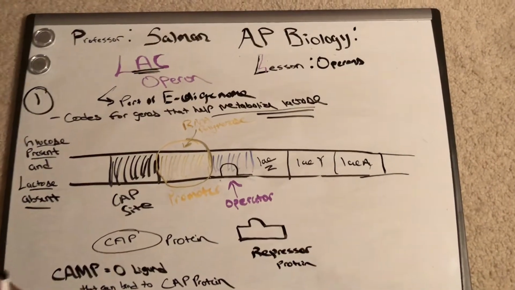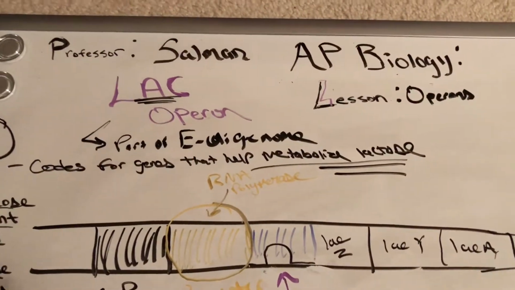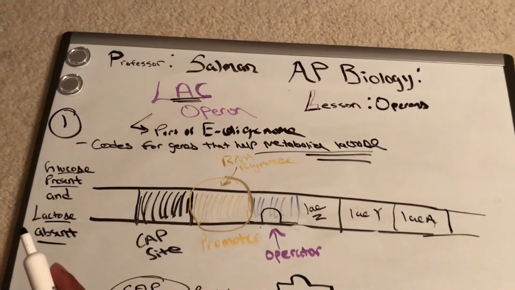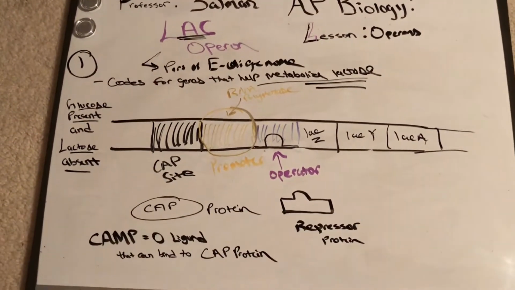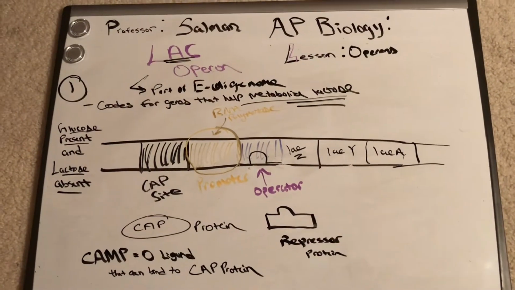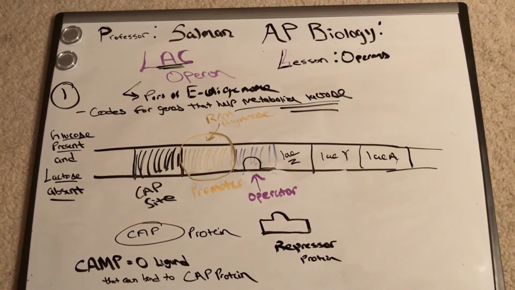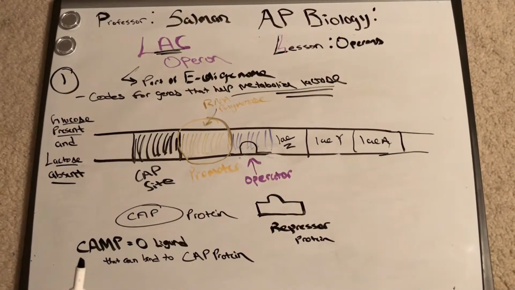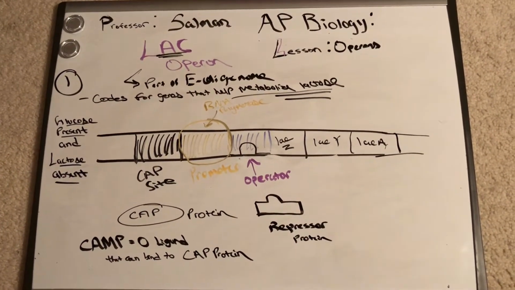If you think about it logically though, when lactose is absent, the operon does not need to metabolize lactose. So you do not need transcription to occur, which makes total sense because you do not need to metabolize lactose if you don't even have it in the first place.